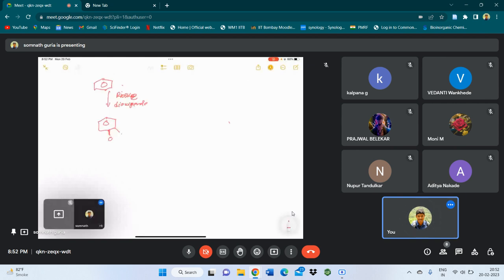This catechol again oxidizes by a different pathway. It has OH OH, and it can break over here. Let's suppose it breaks between the two OH groups. The product will be COOH COOH.